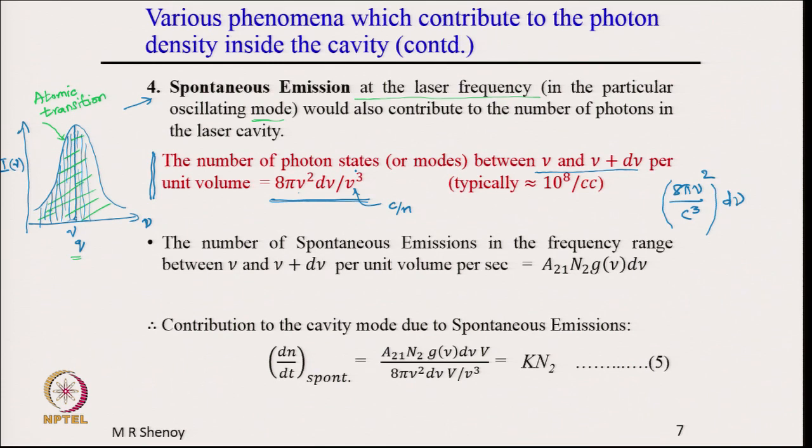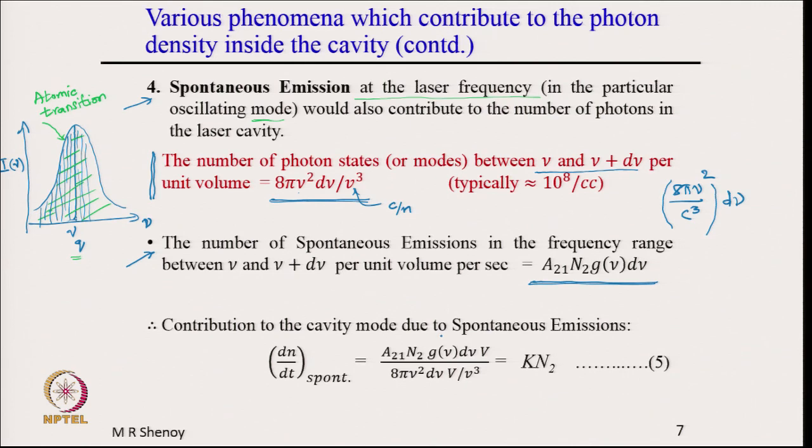That is why it is called the density of states. Therefore, the number of spontaneous emissions in the frequency range between nu and nu plus d nu per unit volume per second is this much. This expression we already wrote when we discussed the Einstein coefficients, probably in lecture number 2.